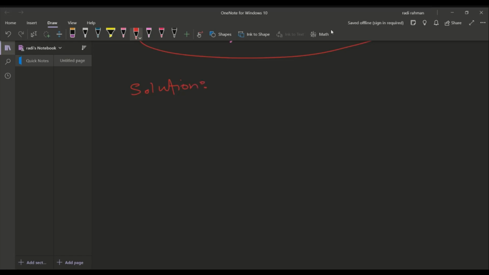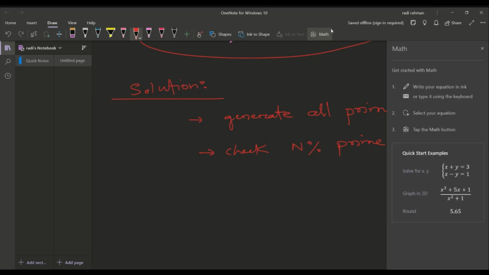So what you have to do is generate all primes less than 10 to the power 7, right? And you have to check whether that prime divides n or not. So you have to check whether n modulo prime is equal to 0 or not, right?